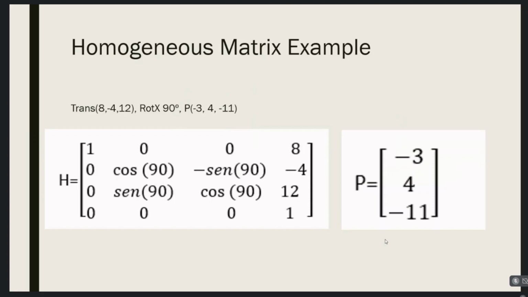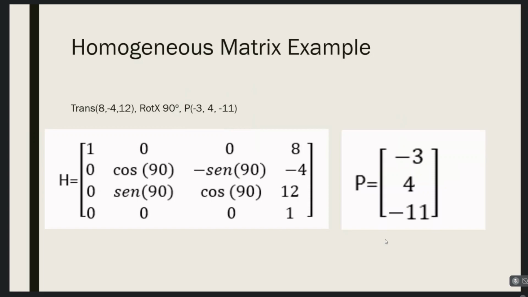Now we are going to look at an example of the homogeneous matrix based on the data provided by the example, that is a translation of 8, -4, 12 and a rotation of 90 degrees in X, and a point located at -3, 4, -11.